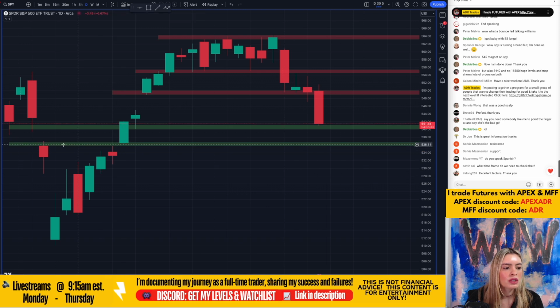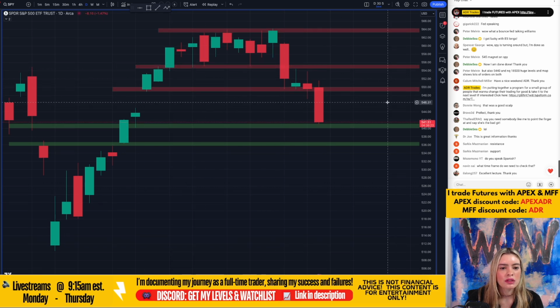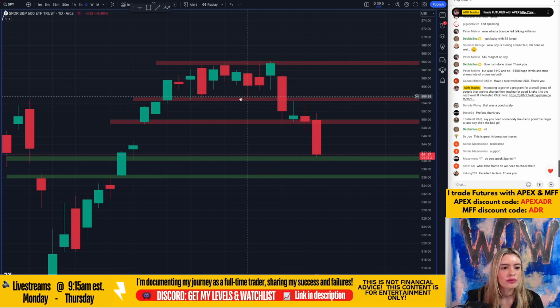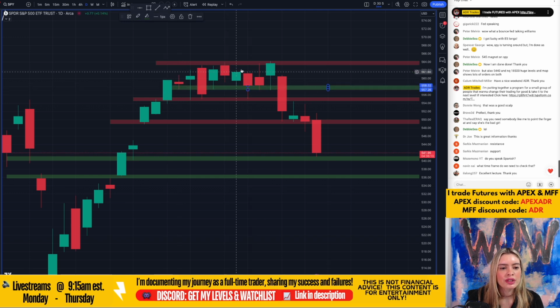You have 1, 2, 3 touches, 1, 2, 3, 4 touches, a bunch of touches here, same here, 1, 2, 3, 4, 5, 6, whatever. So you have a big range here. We can also see a small support here. It was a support before inside the range, so we can say we have a little intraday resistance here.